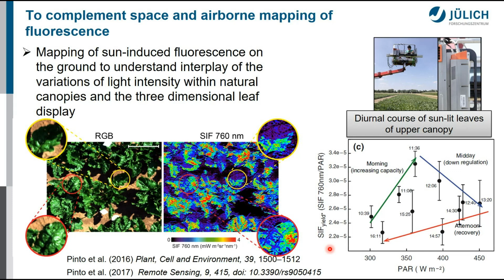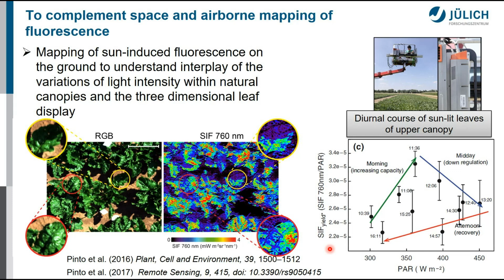And in the meantime, we know that the simple linear correlations do not really hold true because there are a lot of confounding canopy effects, how this signal, which has a big diversity, if you look on a sunlit leaf, on a shaded leaf, how this actually mixes. And we have a lot of nonlinear effects in how this mixing happens.